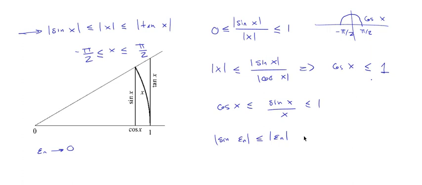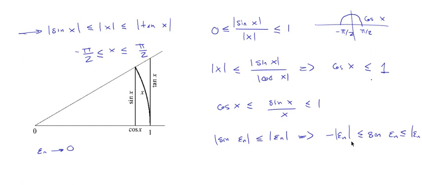This inequality implies that the sine is between these two numbers, right? If the sine of epsilon sub n is positive, then it is smaller than this. If it's negative, the absolute value is greater, closer to 0.